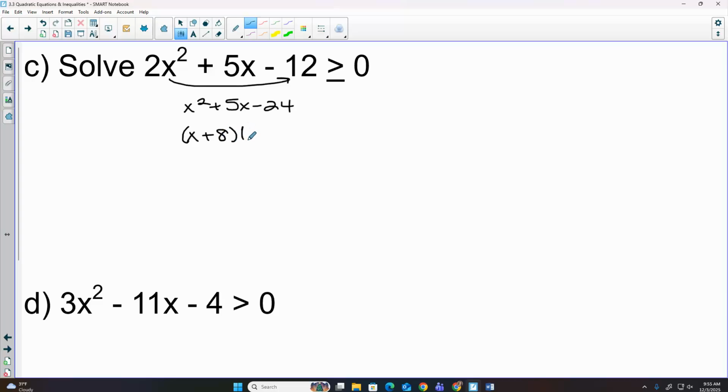Be positive 8 and negative 3. We divide our 2 back. We get x plus 4 and 2x minus 3. So if you set that equal to 0, what do we get?